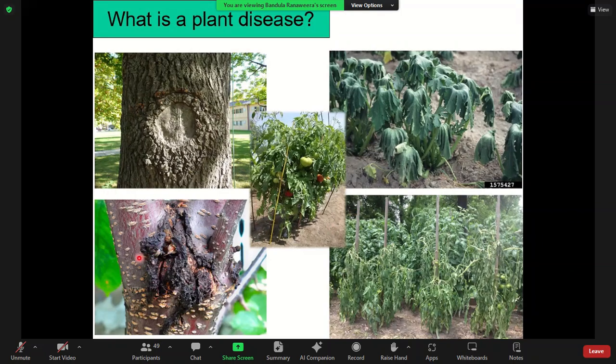Now, if somebody is asking you, what is a plant disease? What does it mean? Can you please elaborate what is a plant disease? Yes, please.